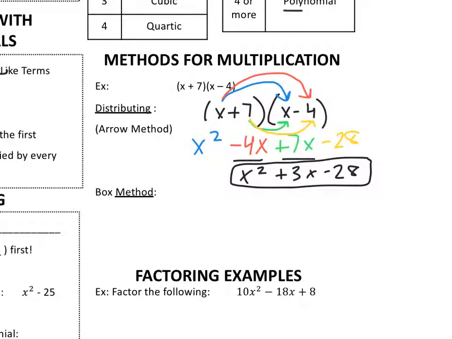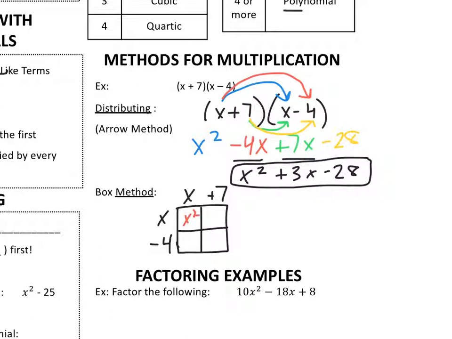Now the other method that we have is the box method. To use this, you would set up a box based on the number of terms in each one. Since we have a binomial times a binomial, you're going to use a 2x2 grid. You would fill in each term outside the box. Then I'm going to use red here to fill in the inside. You're going to do x times x gets you x squared.